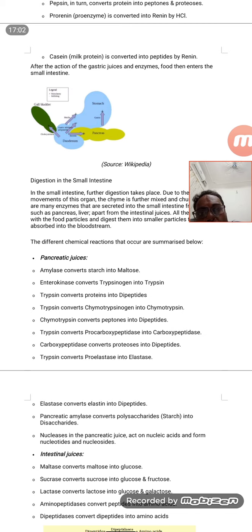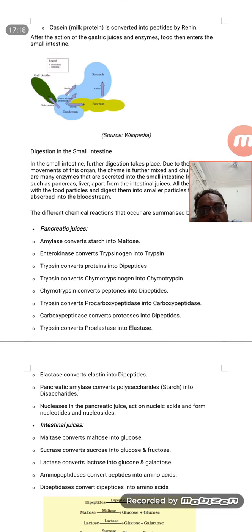Trypsin converts procarboxypeptidase into carboxypeptidase, and carboxypeptidase will convert proteases into dipeptides, and trypsin converts proelastase into elastase. I think this is not given in your book. And pancreatic nucleases are there, which will act upon the nucleic acids.